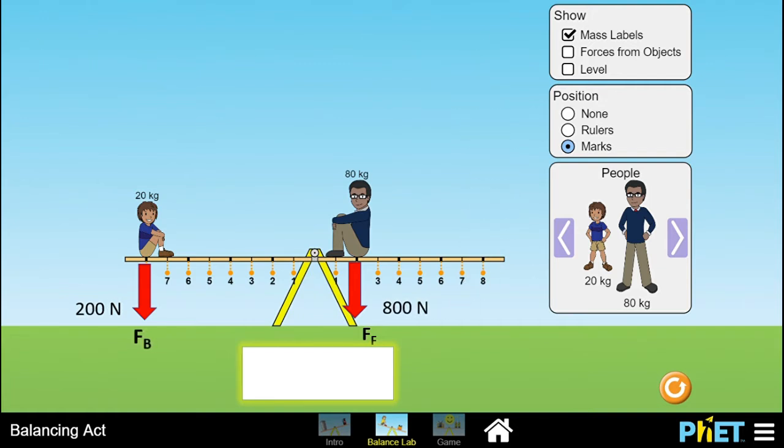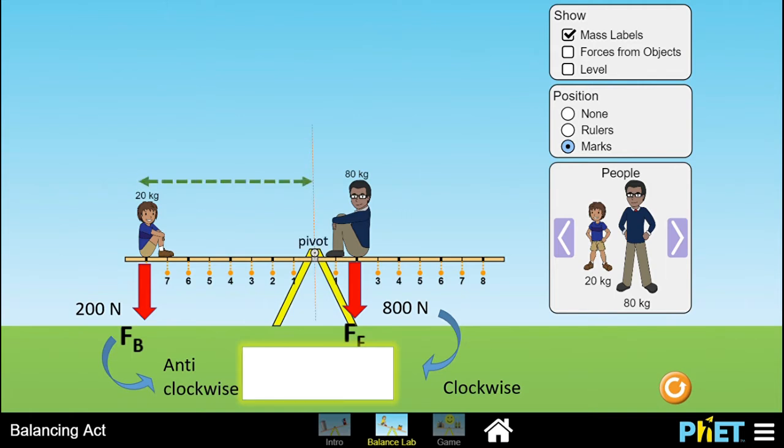The weight of the boy on the left is tending to turn the seesaw anti-clockwise. It means the weight of the boy on the left has an anti-clockwise moment. The weight of his father on the right has a clockwise moment. Suppose that the distance is measured in meters, so the distance of the boy to the pivot is 8 meters, and the distance of his father to the pivot is 2 meters.